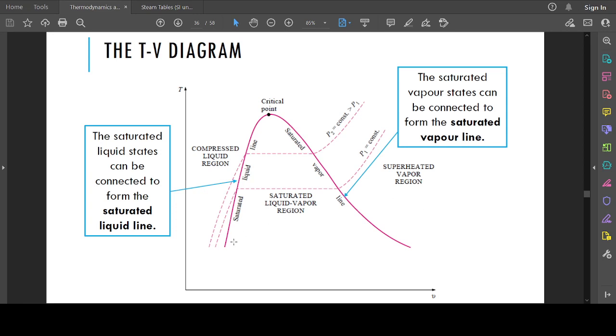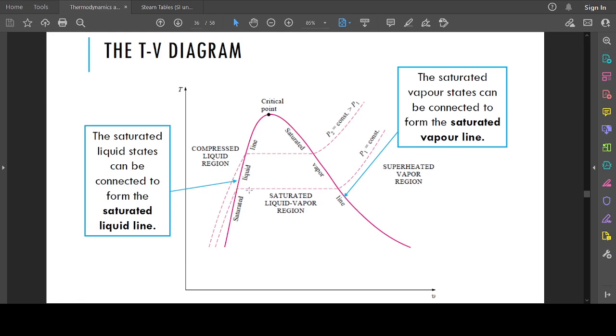Okay, so by reproducing that diagram using the curve for the critical point, we will have something that looks like this. Now, from this line to this critical point will represent the compressed liquid region, and any point beyond the critical point will represent the superheated region.